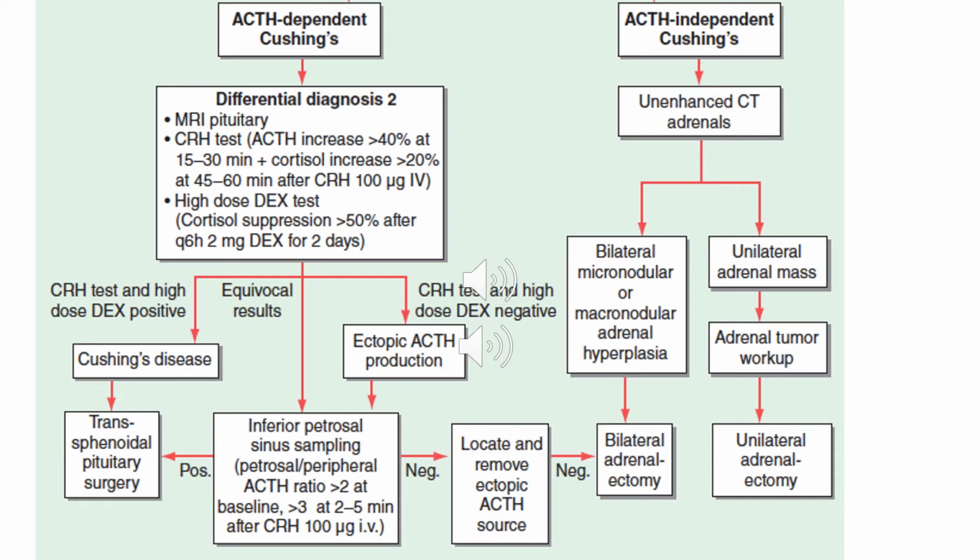Now, in virtually all patients with the ectopic ACTH syndrome, the ratio of the ACTH concentration in the inferior petrosal sinus and that in simultaneously drawn peripheral venous blood is less than 1.4 to 1. In contrast, the ratio is elevated to greater than 2 in Cushing's disease.